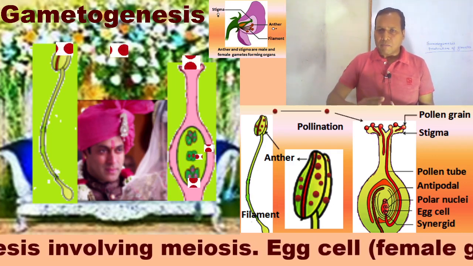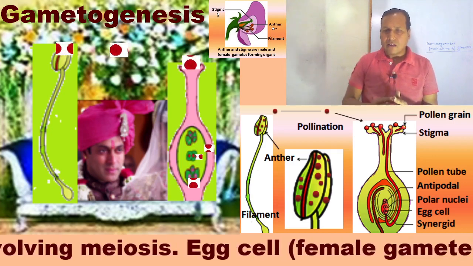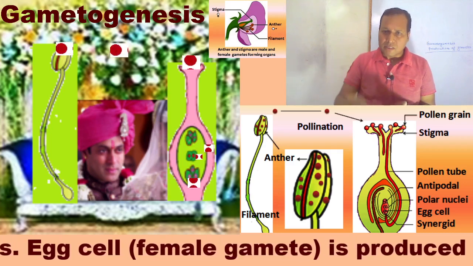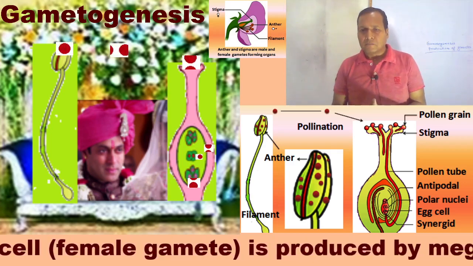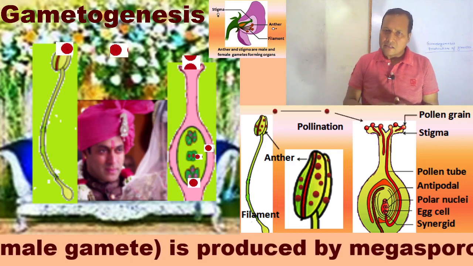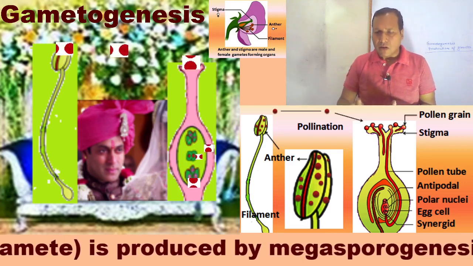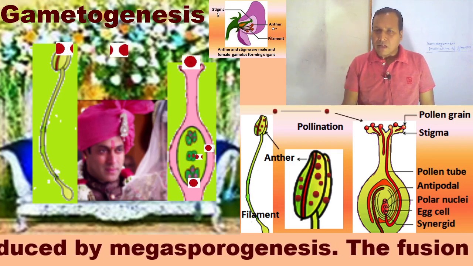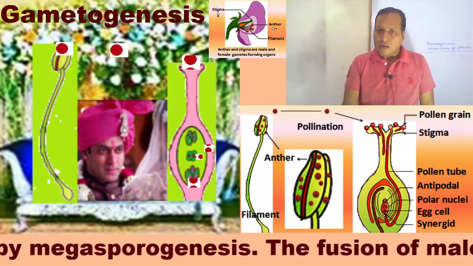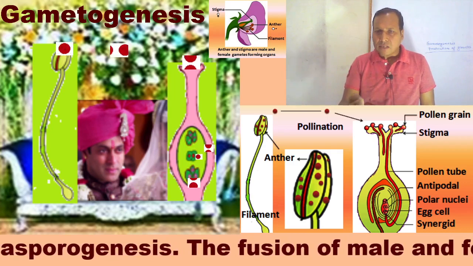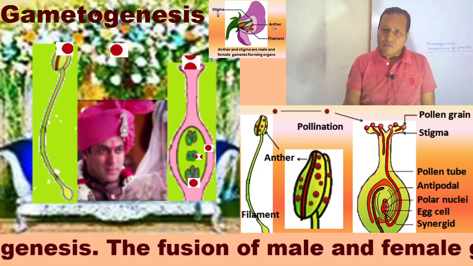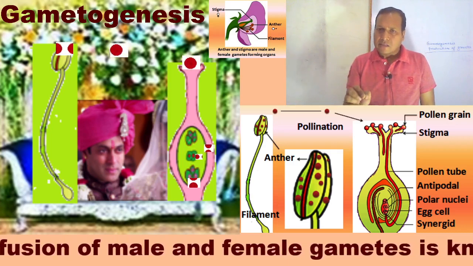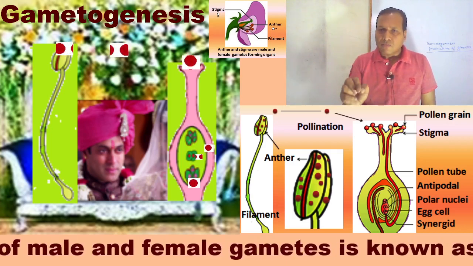If male and female gamete producing organs are present in the same flower, then the flower is known as a bisexual flower. If either the male or the female gamete forming organ is present in an individual flower, then the flower is said to be a unisexual flower.